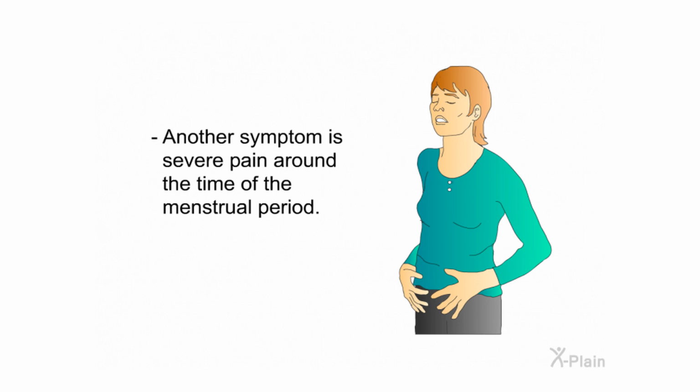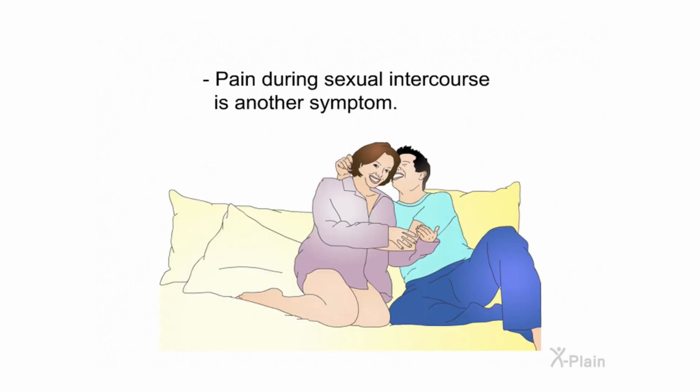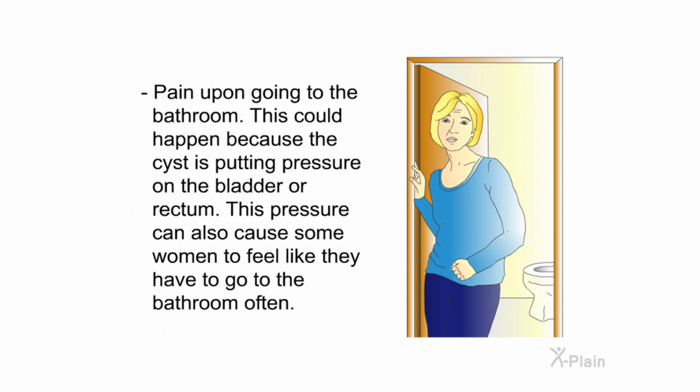Another symptom is severe pain around the time of the menstrual period. Pain during sexual intercourse is another symptom. Pain upon going to the bathroom. This could happen because the cyst is putting pressure on the bladder or rectum. This pressure can also cause some women to feel like they have to go to the bathroom often.